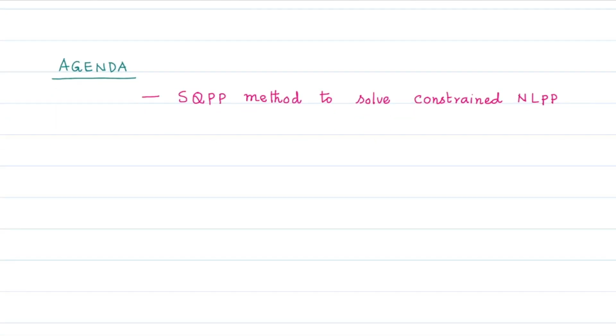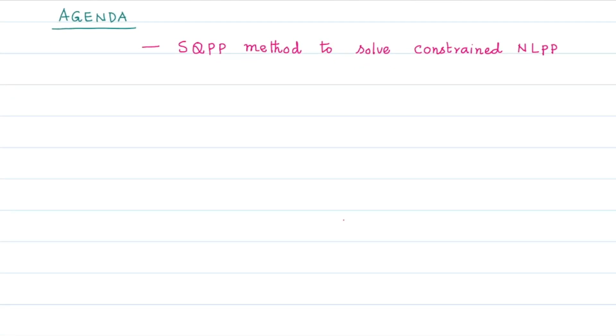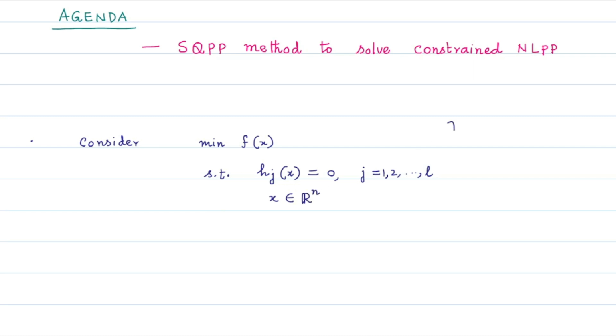So at first let me consider the following problem with equality constraints: minimize a function f(x) of n many variables subject to, let's suppose, L many equality constraints h_j(x) = 0, where as usual x has n many components, and we also assume that the objective function and all the constraint functions are twice continuously differentiable.